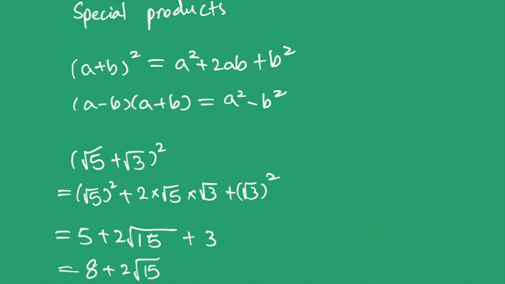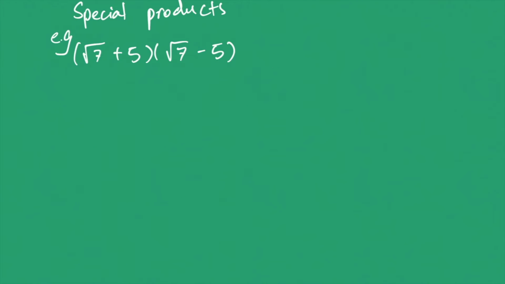Okay, let me show you another example. Square root 7 plus 5 times square root 7 minus 5. In order to solve this question, we can use the difference of two squares, which is (a + b)(a − b) equals a squared minus b squared.